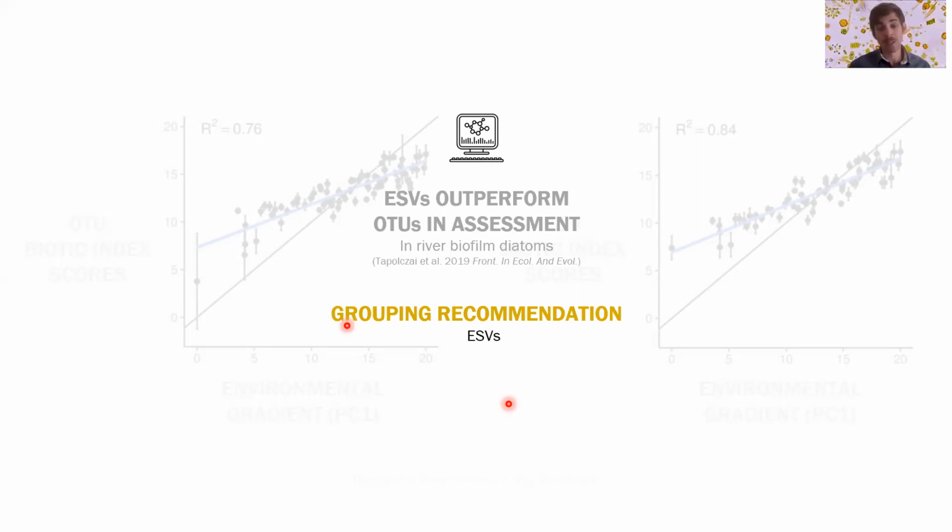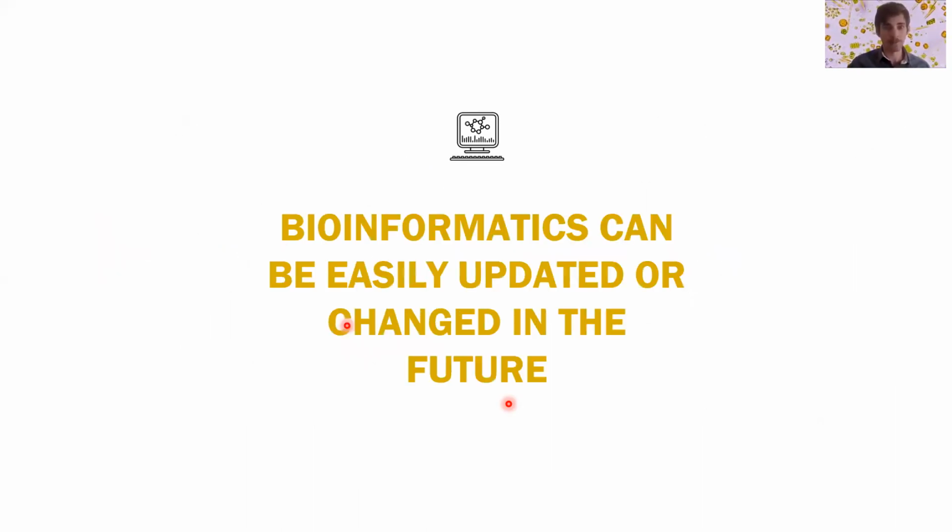I recommend using ESVs going forward because this, again, maximizes the amount of information that we can get from DNA rather than merging information together that could be potentially useful.